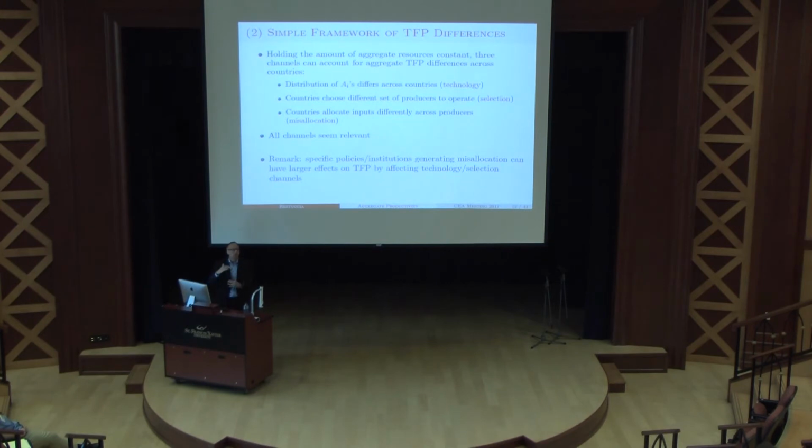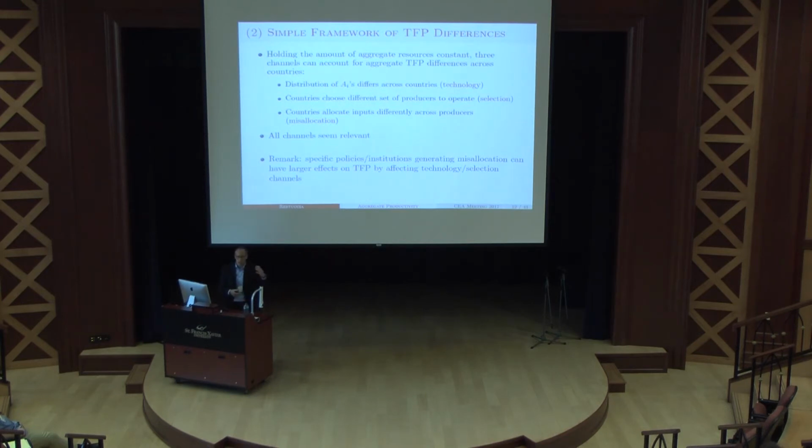And so to take stock, there are really three channels that could help us understand these differences in productivity across countries. Obviously, countries differ in many dimensions, so the way that we typically do this is that you control for the aggregate resources.